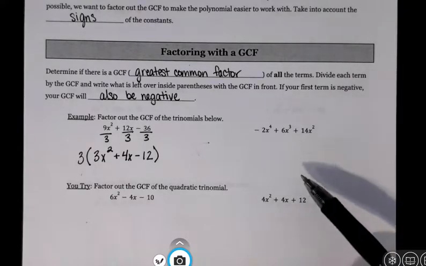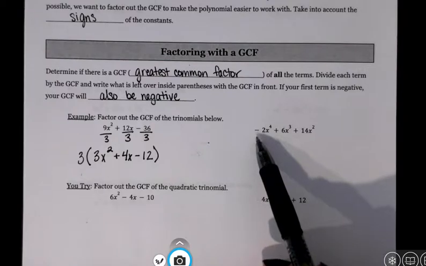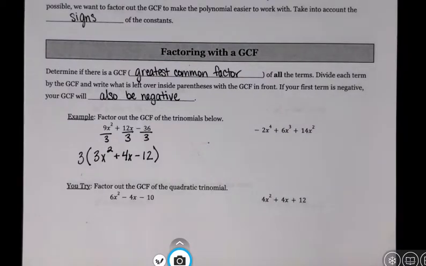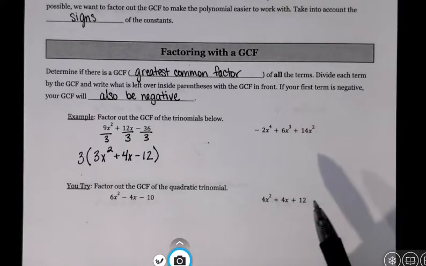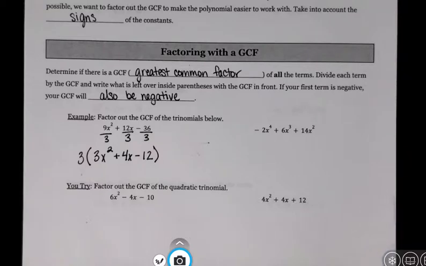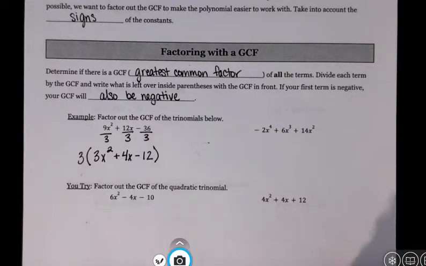For the one on the right, something I notice is my A value, my first term, is negative, so I know my GCF will also be negative. I also notice that I have x's in all of my terms. So not only will I have a number that's a GCF, but some variable or variables as well. When I look at 2, 6, and 14, I know I can divide all of them by 2.